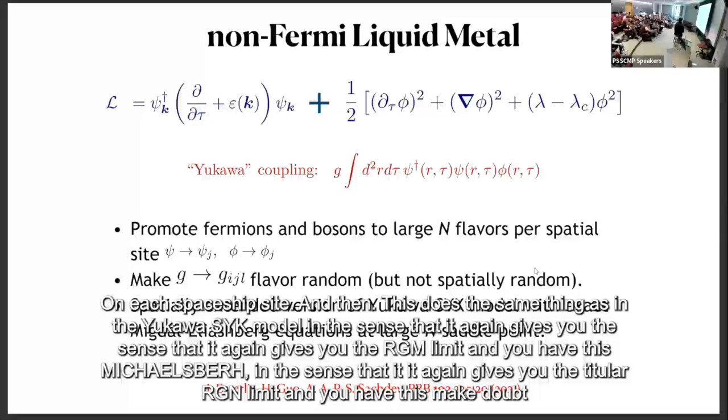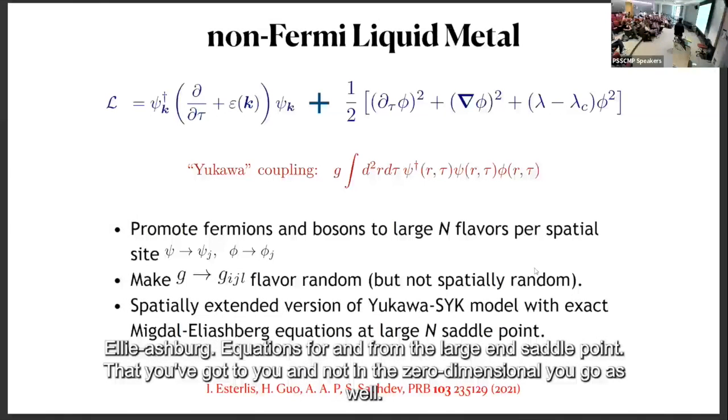And then this does the same thing as it did in the Yukawa SYK model, in the sense that if you take the large n limit, you get these Migdal-Eliashberg equations from the large n saddle point that you got even in the zero-dimensional Yukawa SYK model.